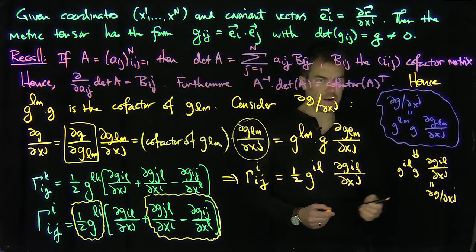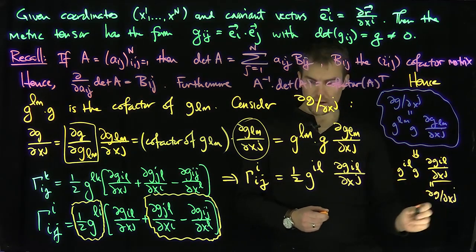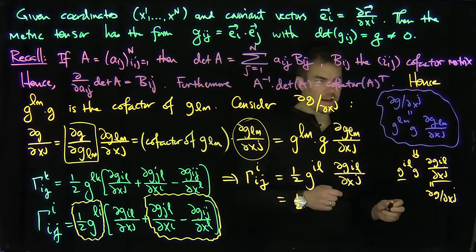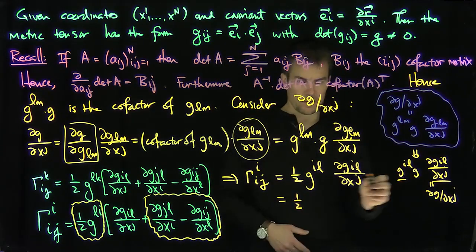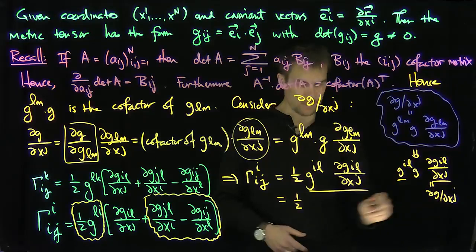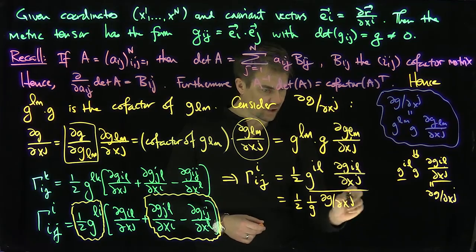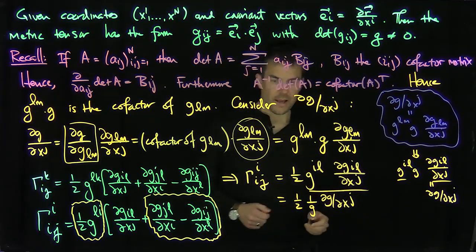And so what do we have over here? We have these first two things, and so this is going to be 1/2. And then if I solve for this, I'm going to replace these things with 1 over g, of course, that's not 0, and then dg dx_j, right? And of course, what is this?